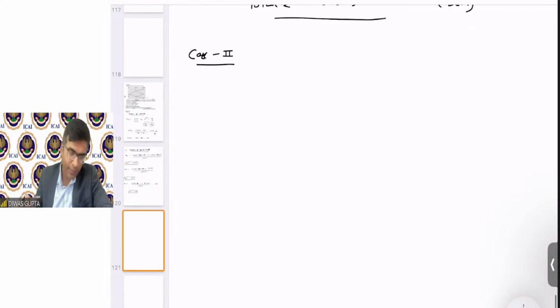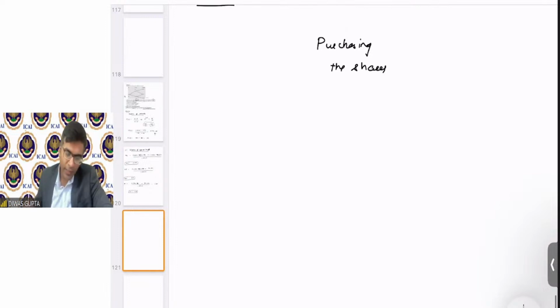Case 2 was I am purchasing the shares and simultaneously I am selling the call option, which is selling the right to buy.